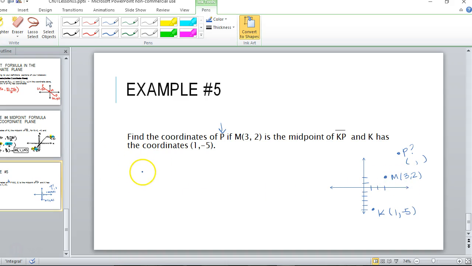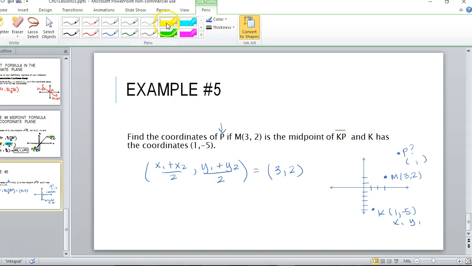So let's look at our midpoint formula. Our midpoint formula says that this is equal to the midpoint, which we know is (3, 2). All right, so let's just fill in what we know. Let's make this x1 and y1.